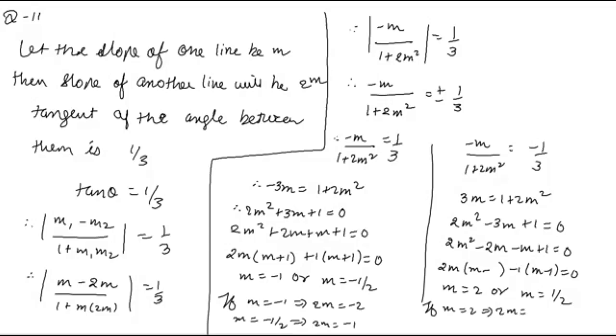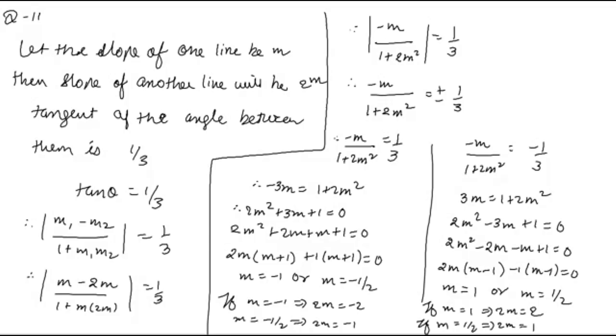If your m is 1, your 2m will be 2, and if your m is 1 by 2, then 2m will be 1.